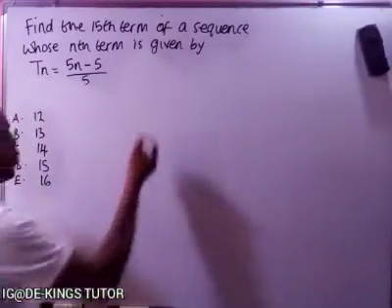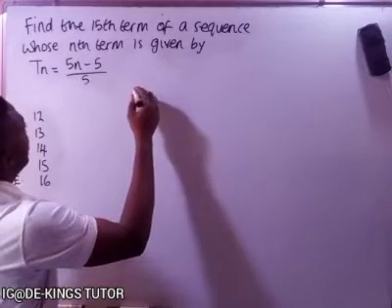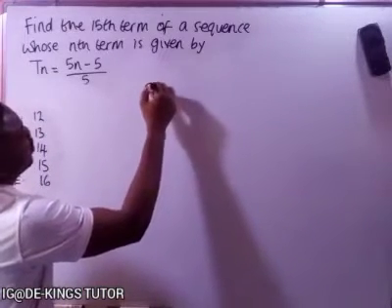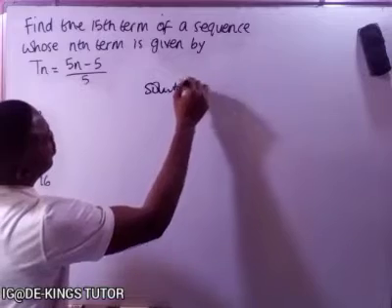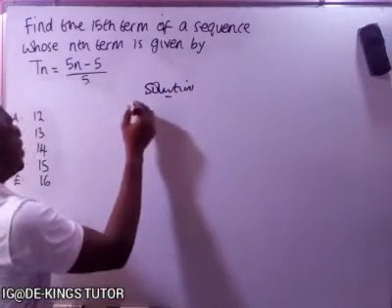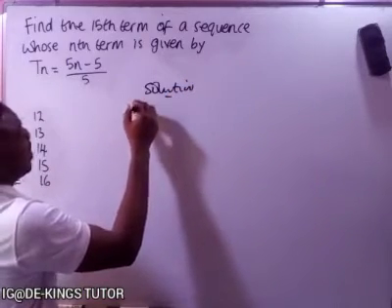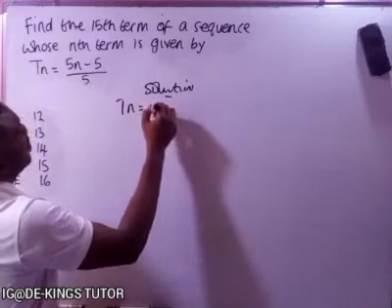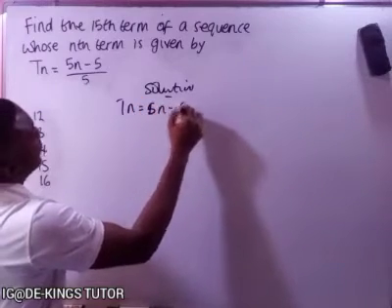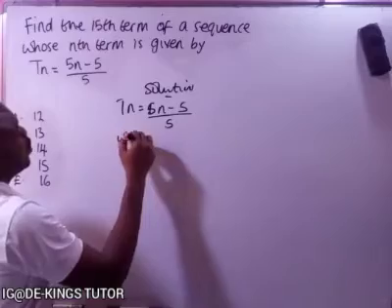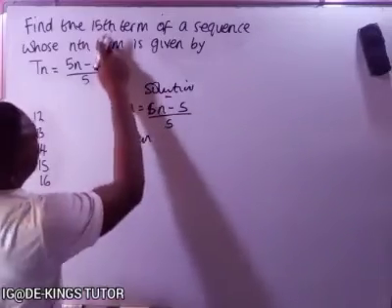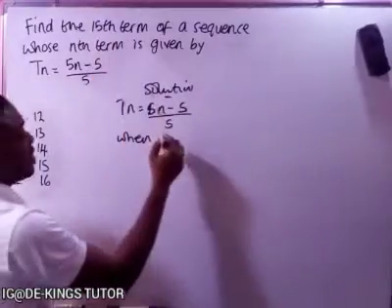Okay, so recall, if the nth term is given as (5n minus 5) divided by 5, then when they say the 15th term, that is our n is 15.